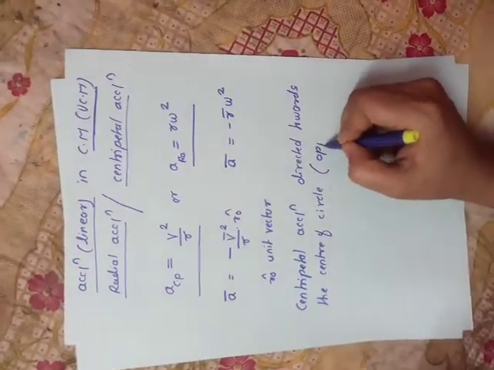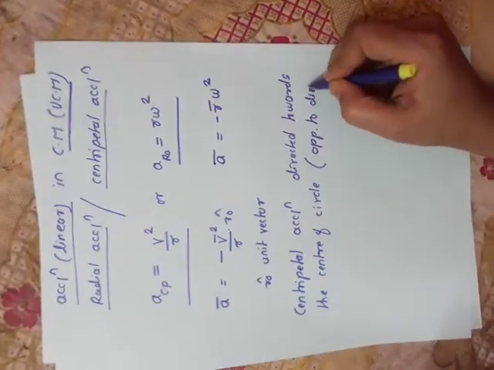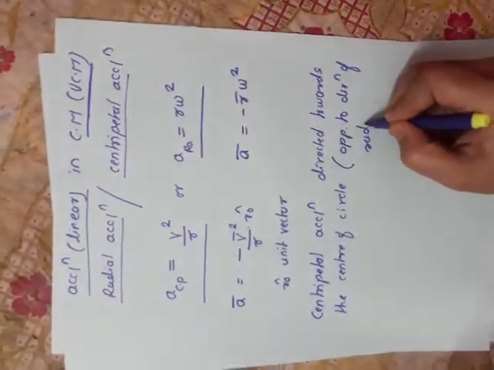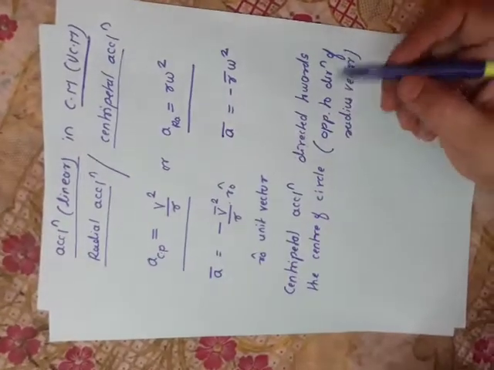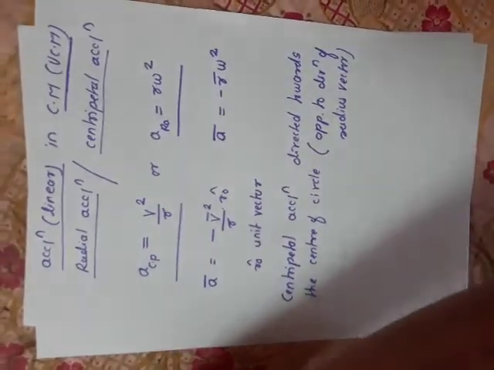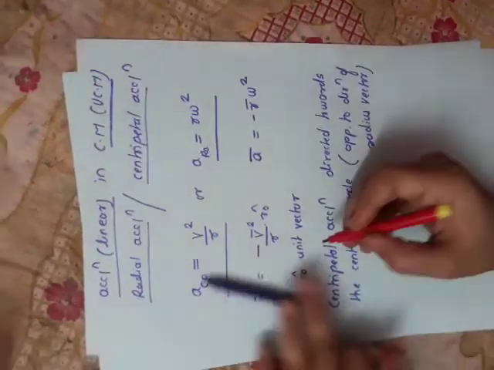That means it is opposite to the direction of the radius vector, and so it is indicated by the negative sign.